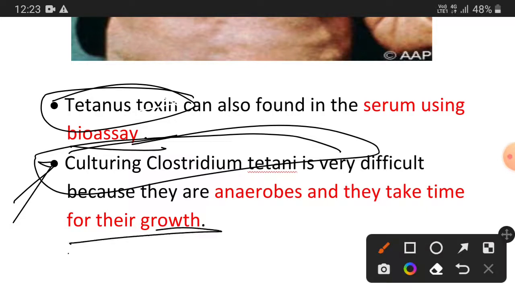They take a long time to grow. Not only that, you should have proper infrastructure for culturing Clostridium tetani, because they are obligate anaerobes. Remember it very carefully. That means oxygen is toxic to them. So you should have proper infrastructure for their growth, okay.